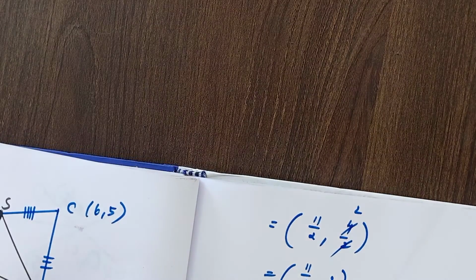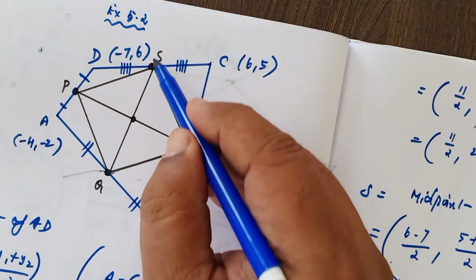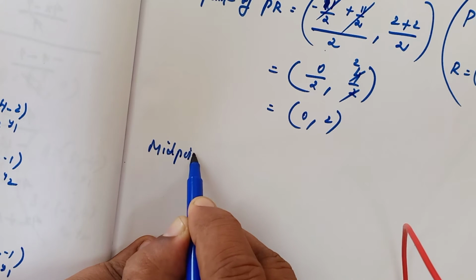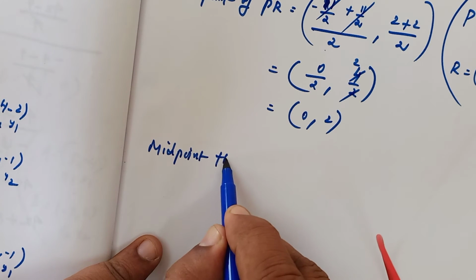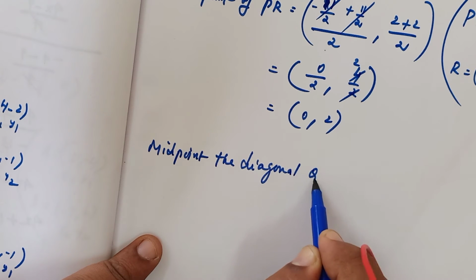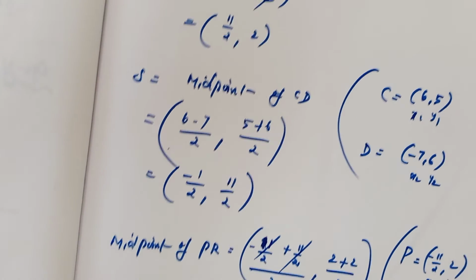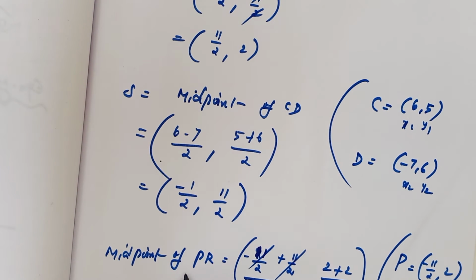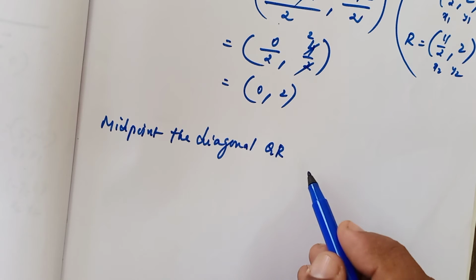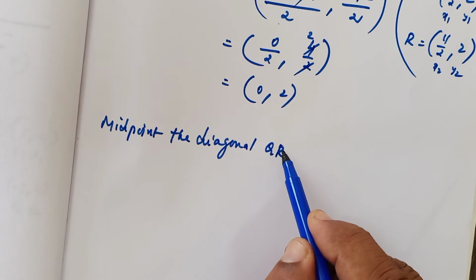Now, another diagonal QS. We have to find out the midpoint of the diagonal QS. Midpoint of the diagonal PR and midpoint of the diagonal, sorry, here QS, not QR, QS.